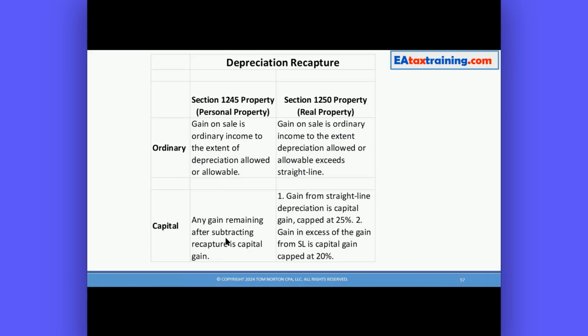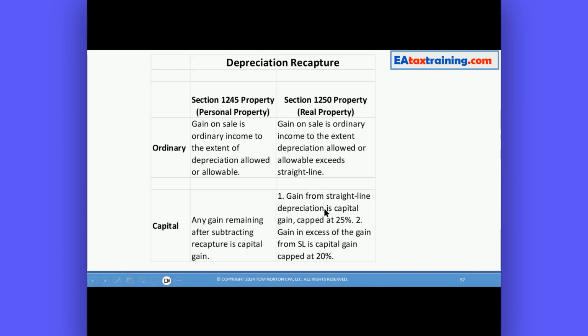I'm going to give you a couple of examples here after this so we can make it a little bit more concrete. For Section 1250 property or real property, gain on sale is ordinary income to the extent depreciation allowed or allowable exceeds straight line. So if you used one of those accelerated methods, 150%, 200% depreciation, then the amount of that depreciation that exceeds what straight line depreciation would have been will be treated as ordinary gain.